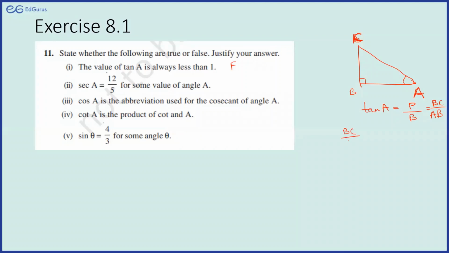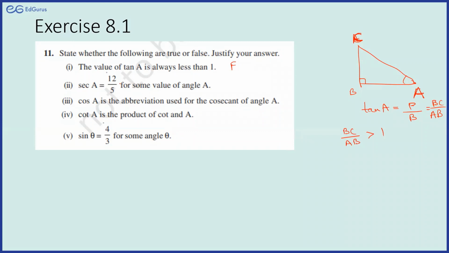Can BC upon AB be more than 1? Of course, it can be more than 1. I can make BC much longer than AB, right? So it will not always be less than 1.